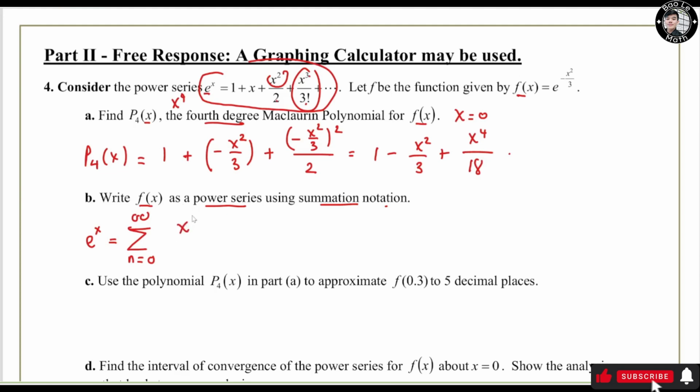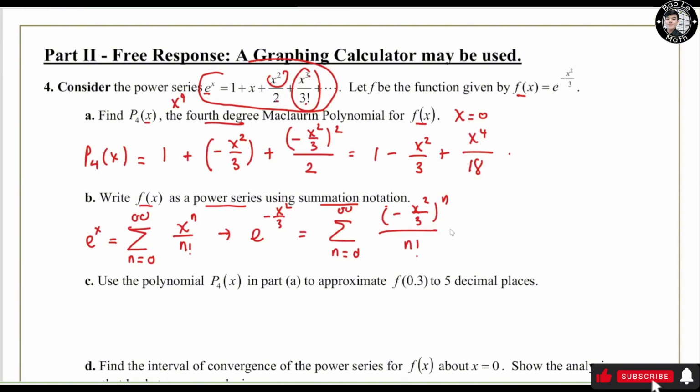So it could be s to the n over n factorial, right? And then e to the negative s squared over 3 is going to be summation notation n starts from 0 to infinity of negative s squared over 3 raised to the n over n factorial, right? You just replace s with negative s squared over 3, right?